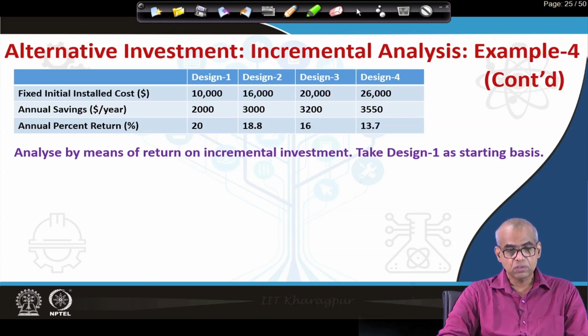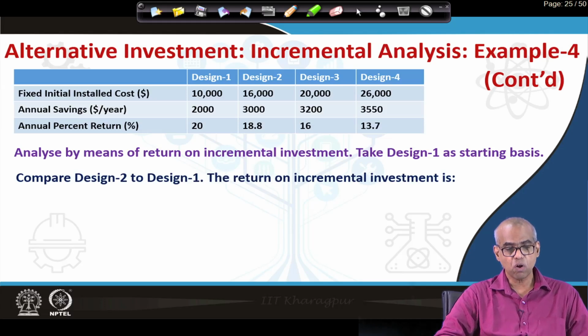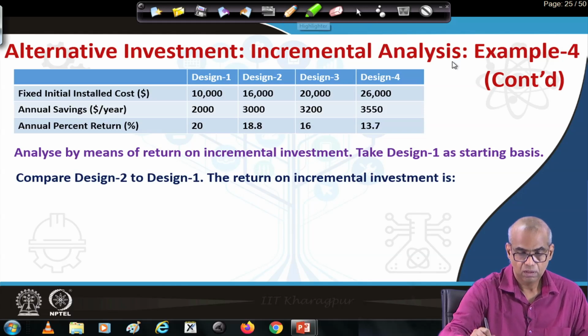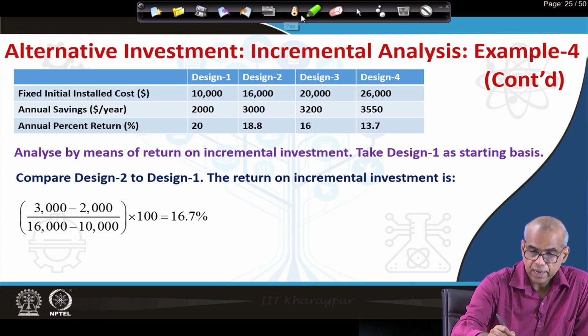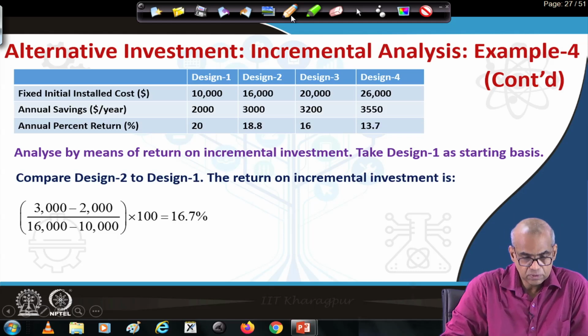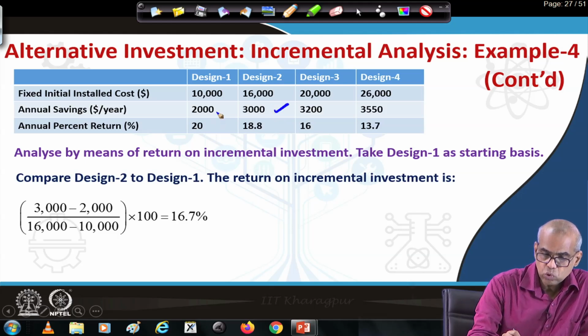So, we will analyze by means of return on incremental investment. We take design 1 as the base plan or starting basis. So, let us first compare design 2 to design 1. What is the return on incremental investment? You see that in case of design 2, the annual savings is 3,000, but annual savings for design 1 is 2,000.